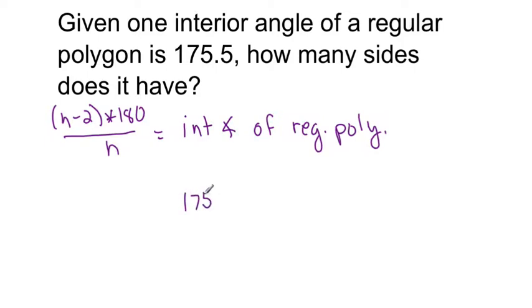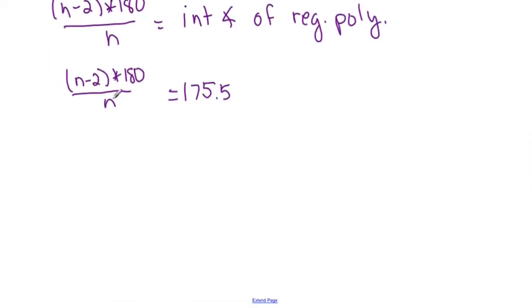So this is 175.5. That's equal to (n minus 2) times 180 all over n. And again, I want to solve for n. So I'm going to multiply both sides by n.